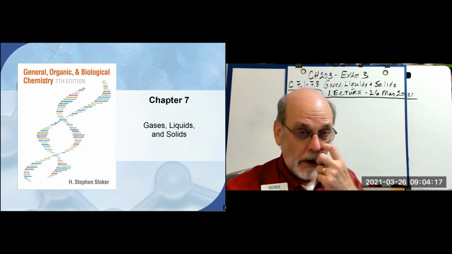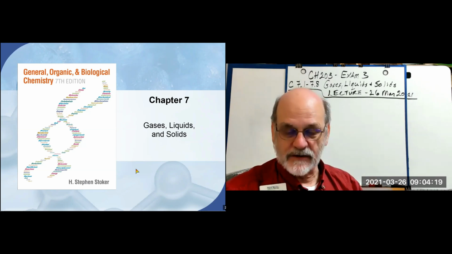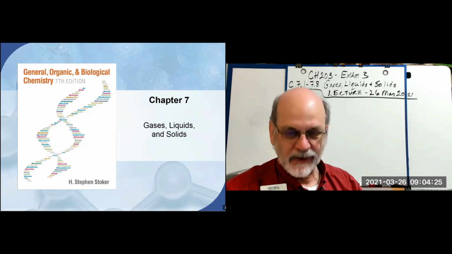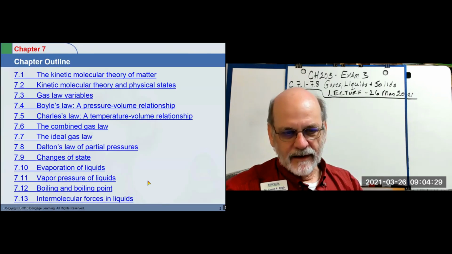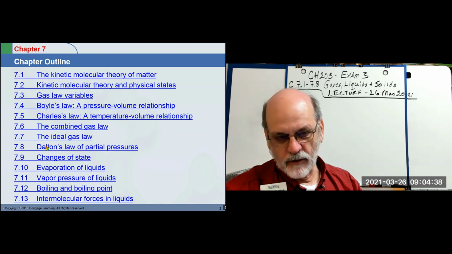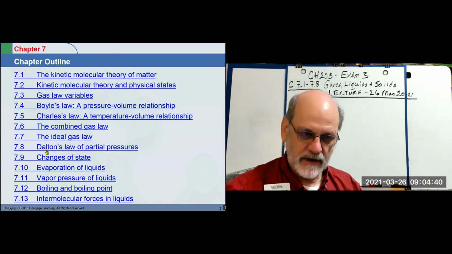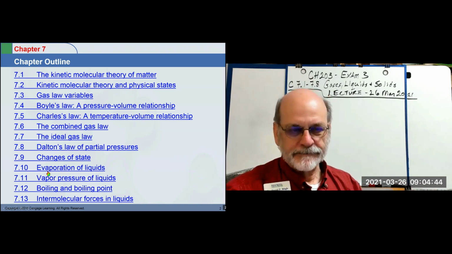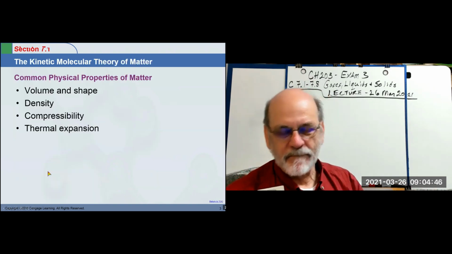And that tends to start with gases, and for good reason, which I hope to explain as we go along. So we're going to go down through 7.8, right? And then there'll be a break, and next Monday we'll pick it up with 7.9 and finish the chapter. Okay.